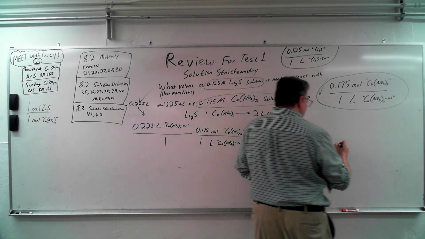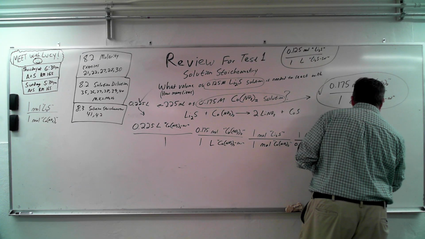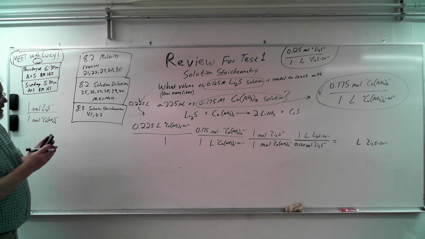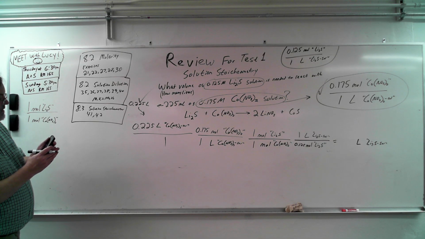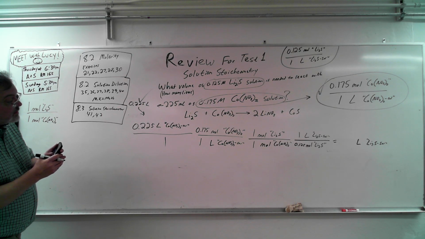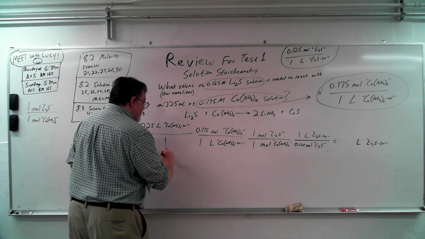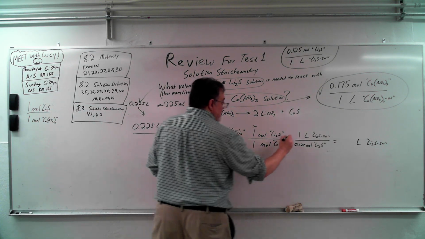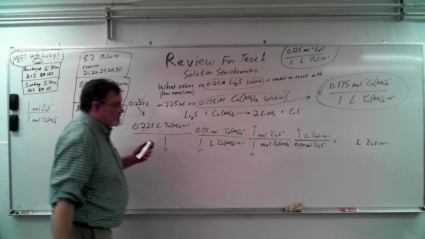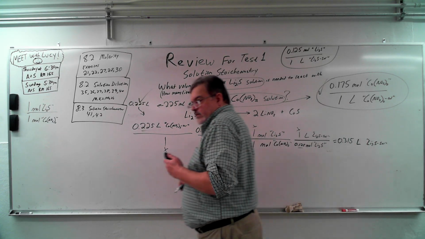That will end us on liters of Li2S solution. 225 times 0.175 divided by 0.125. Exact. Three significant figures, so we need 3. My calculator just gave me 3, so 0.315. Solution stoichiometry.